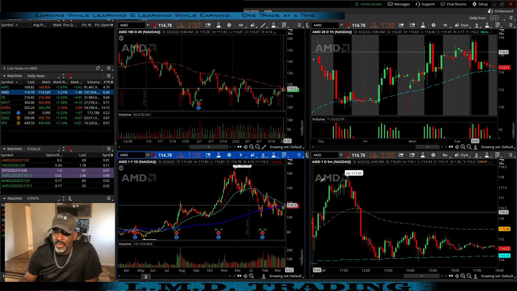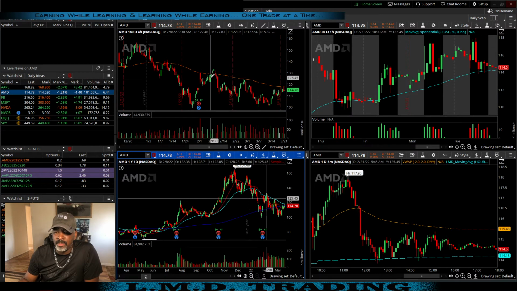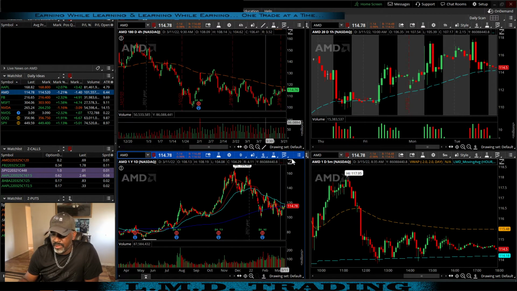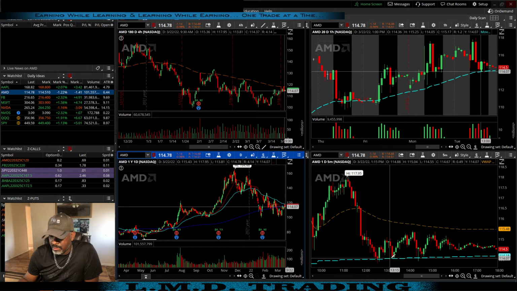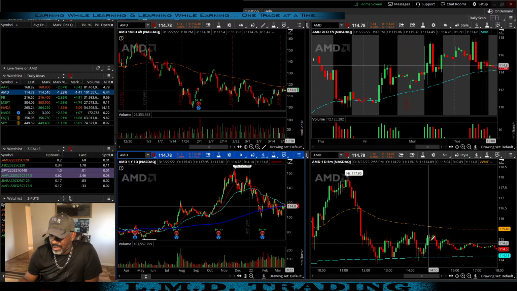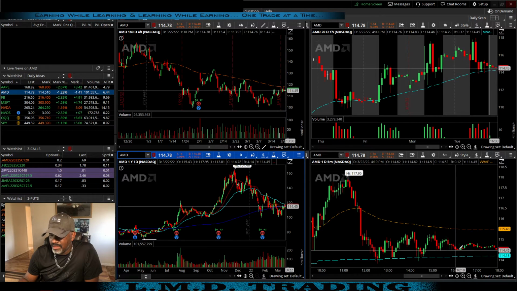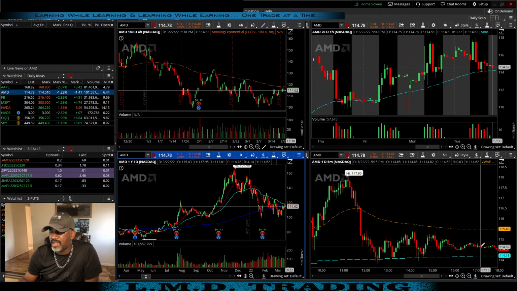But just like we were saying on the 4-hour, where it's respecting the 100, look at how on the 5-minute it's respecting the 50 moving average. It's coming down and bouncing, coming down and bouncing. And now it's just in this range that it's trading in.